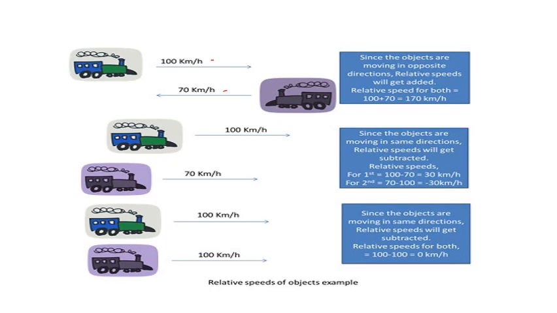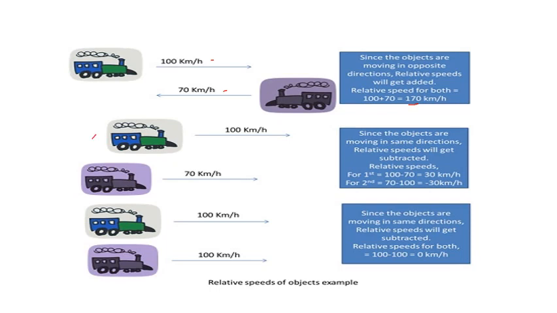As I told you, if both the objects are moving in opposite directions, the relative velocity will be added up. So what will be the relative velocity? 170 km per hour.